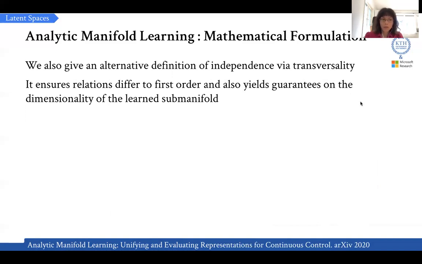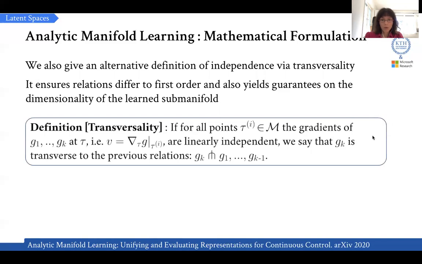So this is coming a bit more from differential geometry, and this lets us look for relations that differ to first order, and it yields the same guarantees as what we obtained with the strong version of independence. So with transversality, we would be looking for relations G1 through GK, and suppose we have found relations G1 through G_{K-1} that are independent.